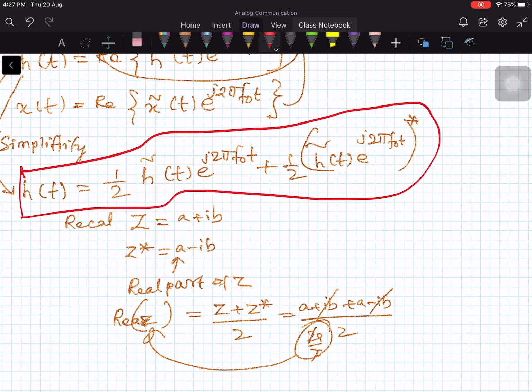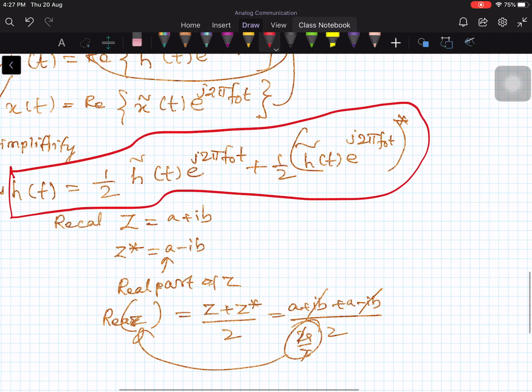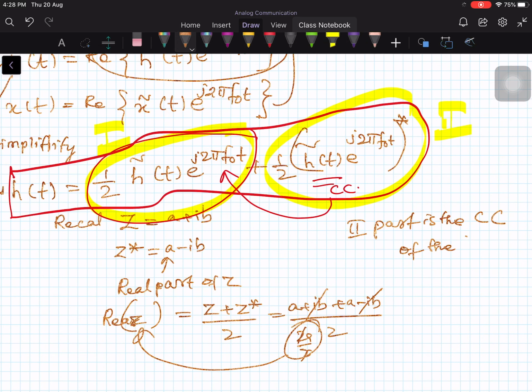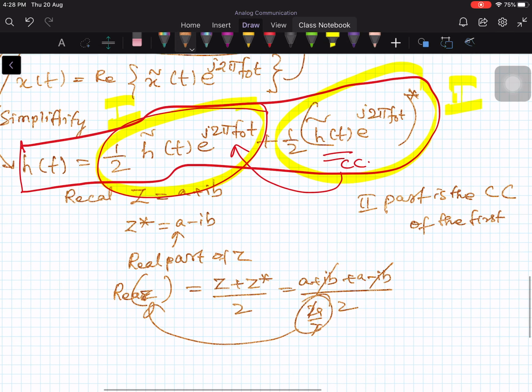This is the first part, and this is the second part. The second part is the complex conjugate of the first part. Let me put CC, which means complex conjugate of the first part.